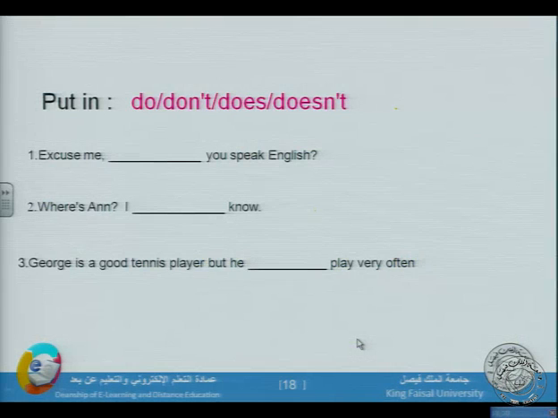Okay, now here we have kind of a short exercise for what we have covered. Do, don't, does, doesn't. So the use of do, don't, does, doesn't. This is how to make negative statement in a simple present. Excuse me, you speak English. Do you speak English?